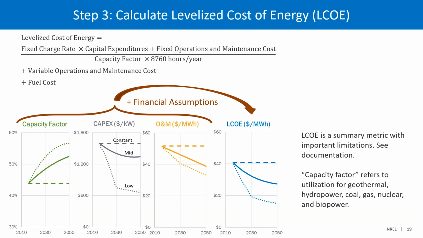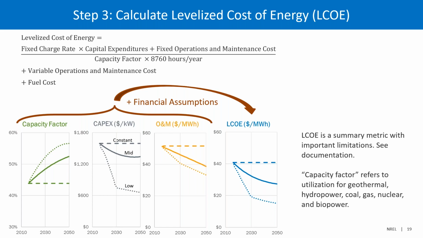In step 3 of our data development, we take a bunch of financial assumptions and use those along with the capacity factor, Capex, and O&M to calculate a levelized cost of energy. And it's important to note that the LCOE is a summary metric that has important limitations.